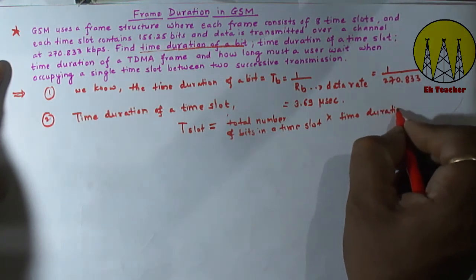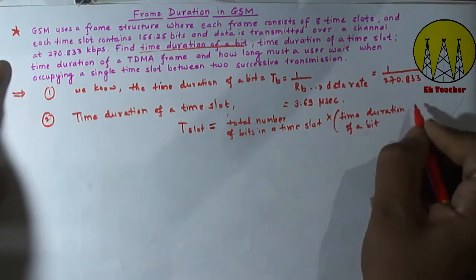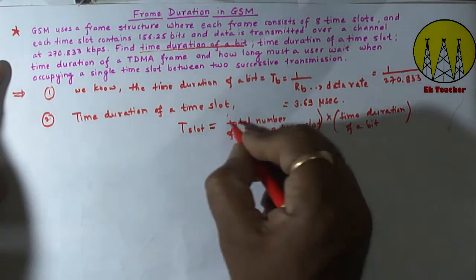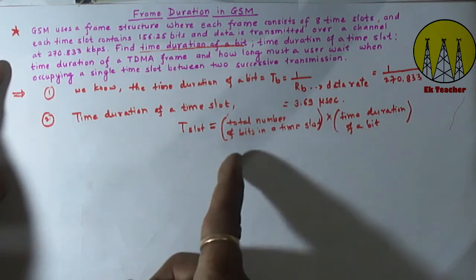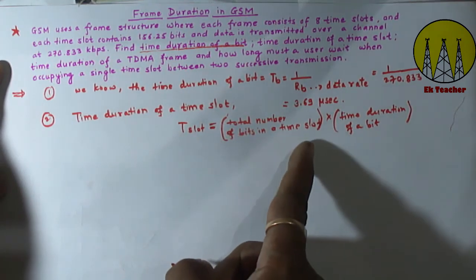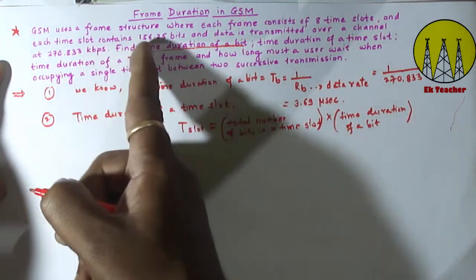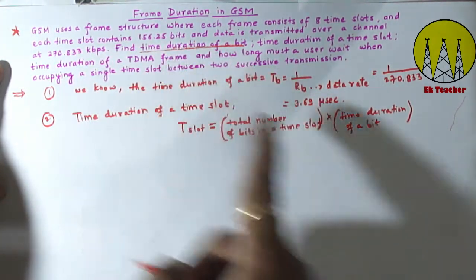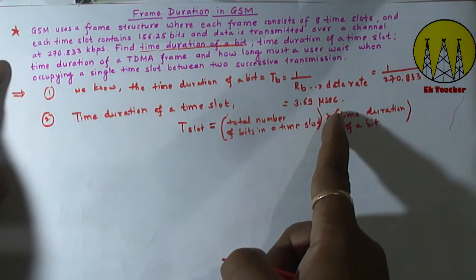If these two quantities are known to you, you can find the time duration of a time slot. The total number of bits in a time slot is given: 156.25 bits, and the time duration of one bit is 3.69 microseconds.